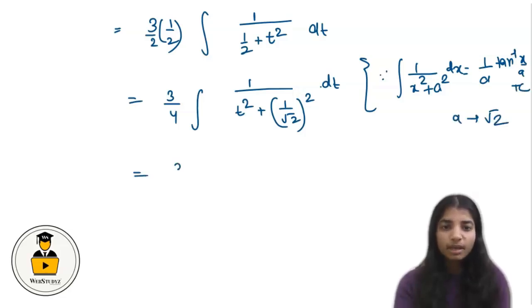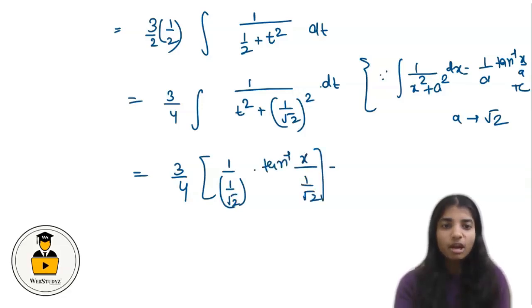So this becomes 3/4 integral of 1 divided by (t^2 + (1/√2)^2) equals 1/a, and a is 1/√2, multiplied by tan^-1(t/a), and a is 1/√2, plus c.